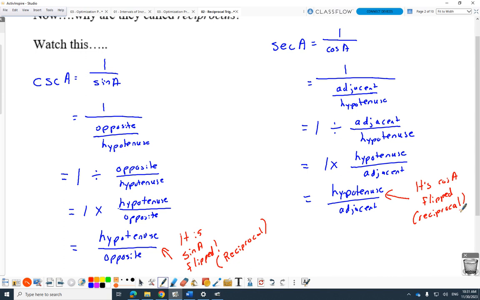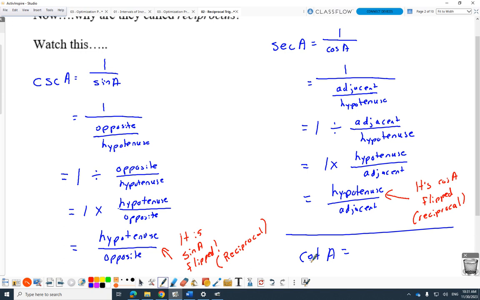So now, instead of going through all that, cotangent of A. So sine is opposite over hypotenuse. Cos is adjacent over hypotenuse. That means cosecant is hypotenuse over opposite. Secant is hypotenuse over adjacent.